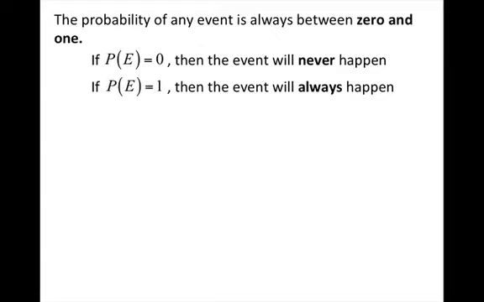Keeping this in mind, we'd see that the probability of any event will always be between 0 and 1. If a probability equals 0, that means the event will never happen. If the probability equals 1, the event will always happen.